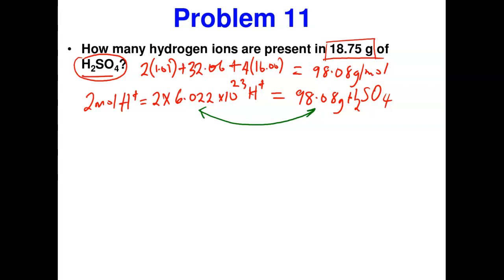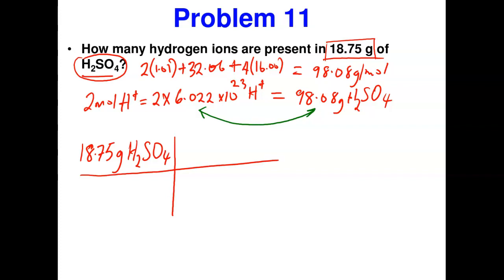If we solve this problem, what do we get? It's going to be 8.75 grams of H2SO4, which we multiply by this, of course, because we want to cancel grams of H2SO4.